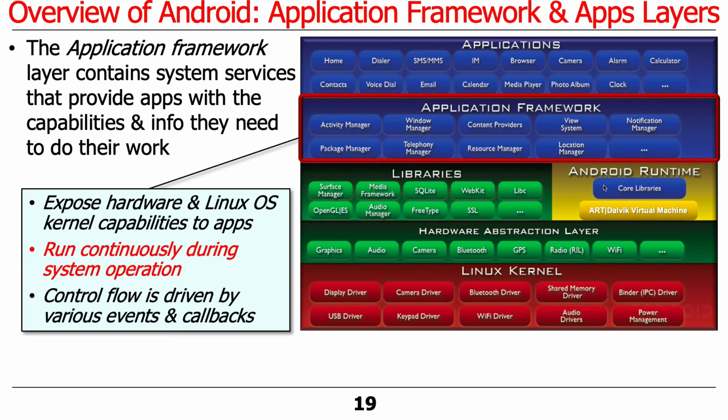And so a lot of these system services are specially designed so if for some weird reason they were to be shut down or crash, the system monitors them continuously and restarts them automatically for you. That shouldn't be happening on a regular basis, but they have to build the system to be resilient to account for the fact that sometimes things go wrong. And of course, because this is based on a framework, control flow is driven by events and callbacks. So you register stuff and then the framework layer calls back your stuff when things happen.